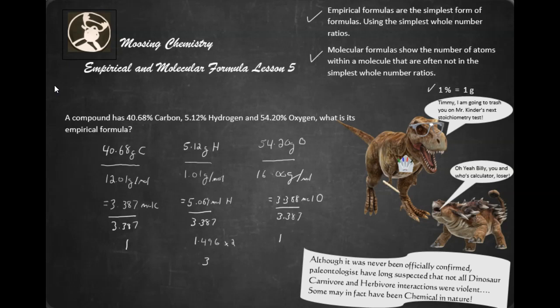But if we multiply that by 2, we must also multiply the others by 2. So this gives me 2 and 2. So our empirical formula is going to be, of course, C2H3O2. And that's it.